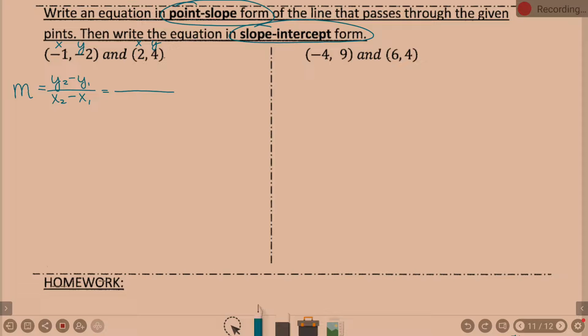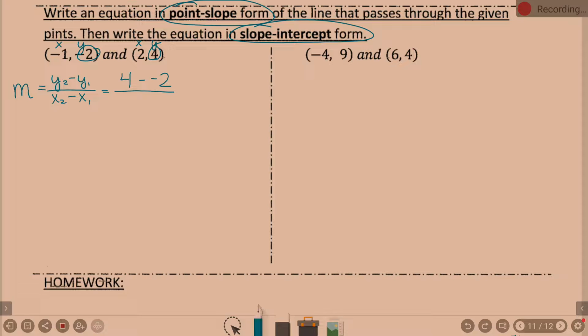What are my y values? I'm going to subtract. My y's are 4 and negative 2. So I'm going to say 4 minus negative 2. We've done this the last 2 lessons.